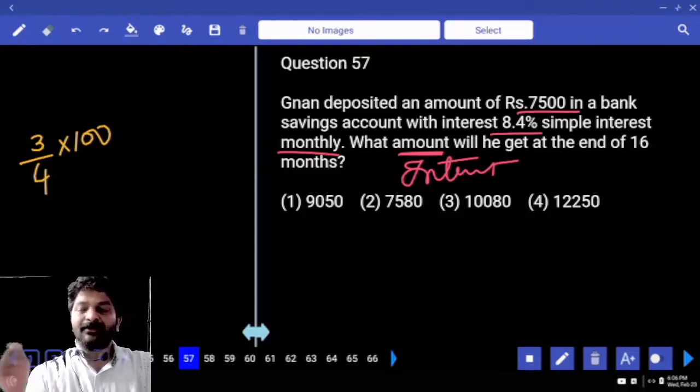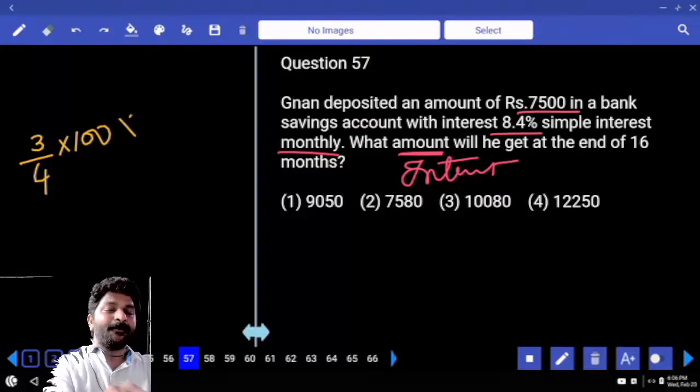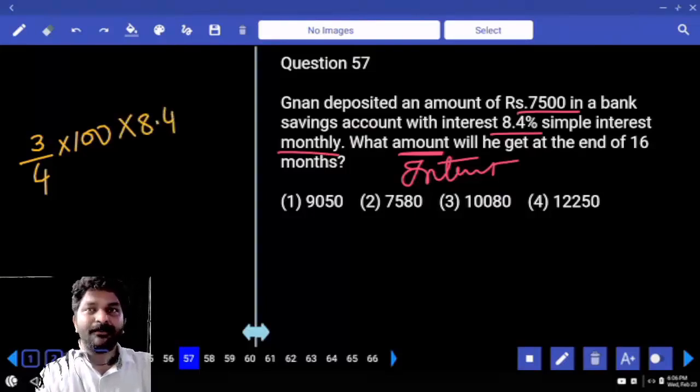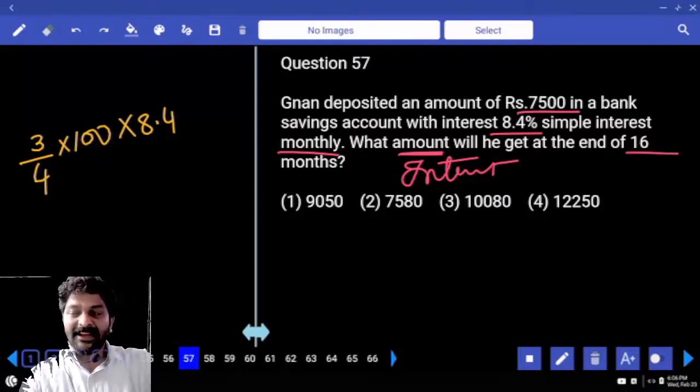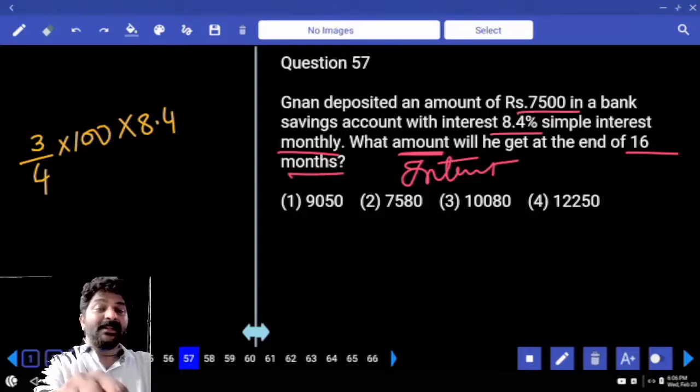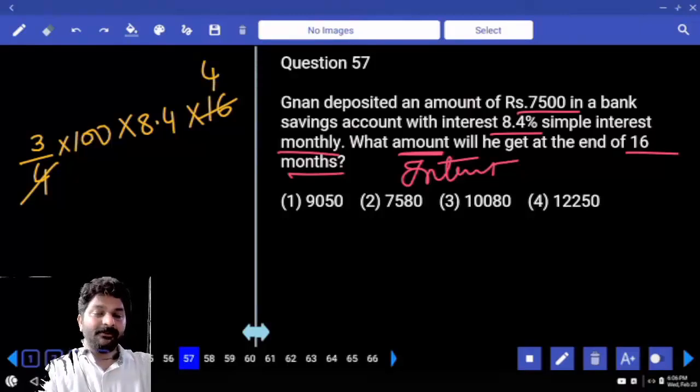Now every month, what percentage of interest are we getting? That will be 8.4 into 1% value. Right, this is monthly interest. But we were asked to calculate interest for how many months? That will be into 16. For how many times? 4 times.